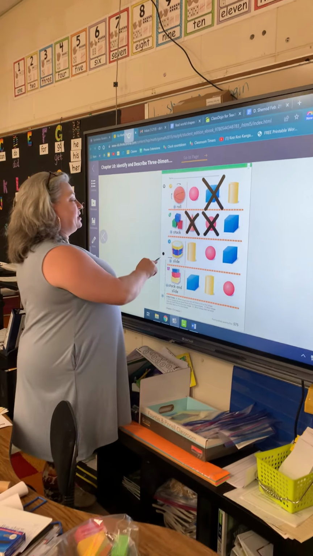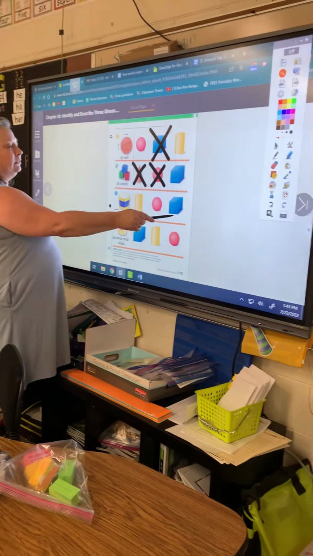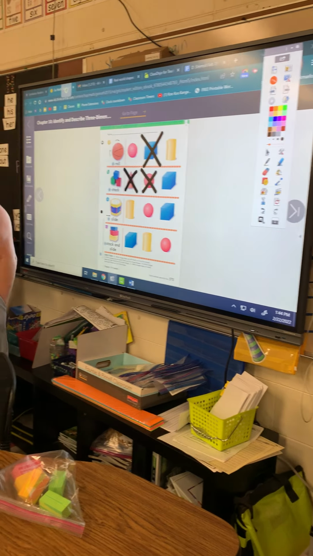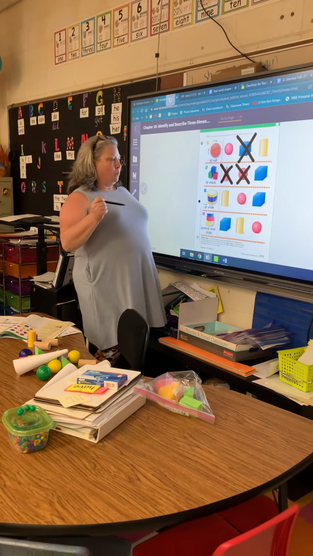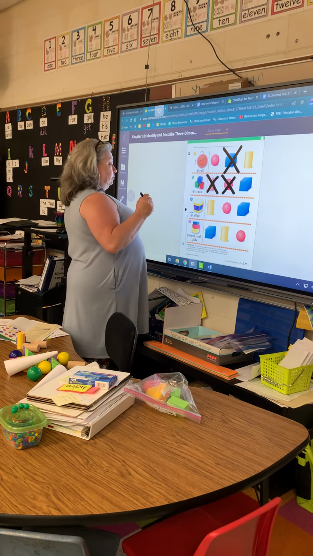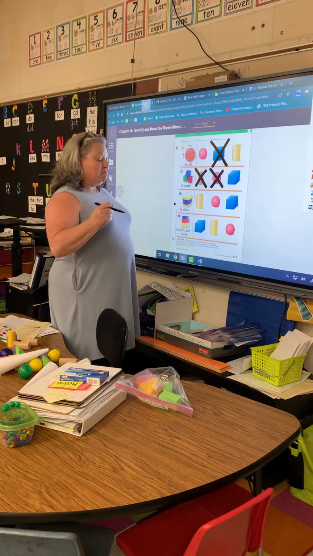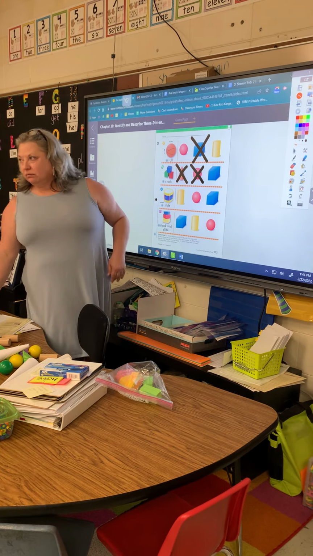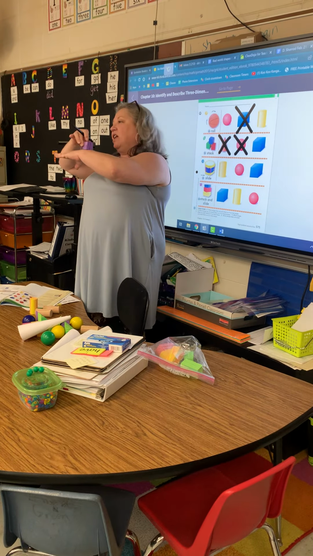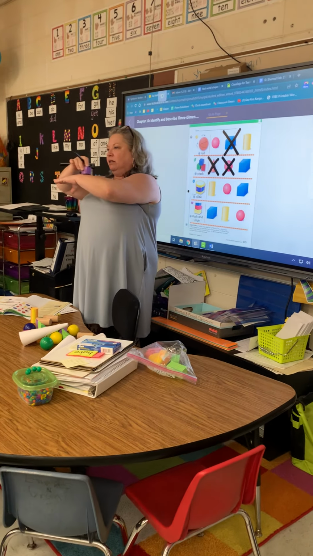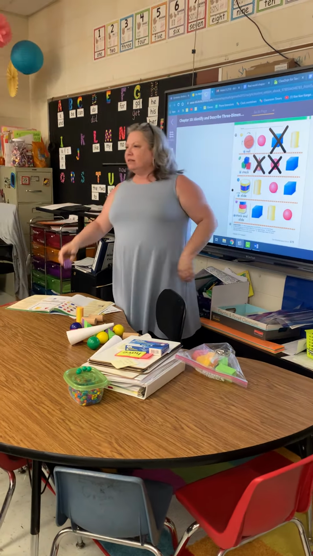Which shape does not slide? Let's see. Delaney? The square. Remember we said to look. It is not a square, it's a cube. But remember it slides.